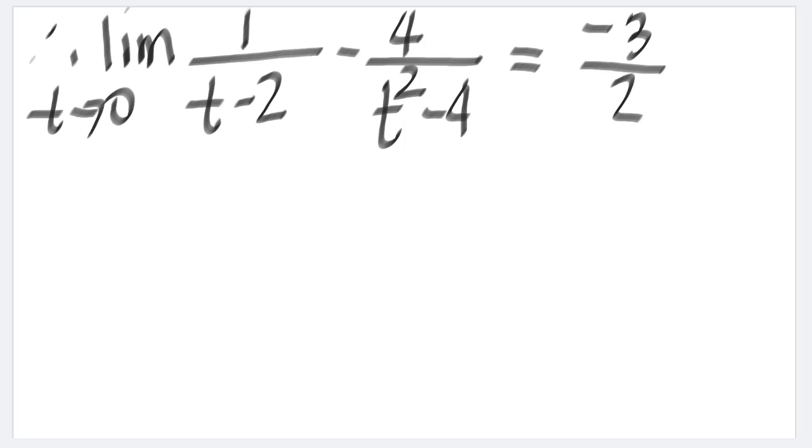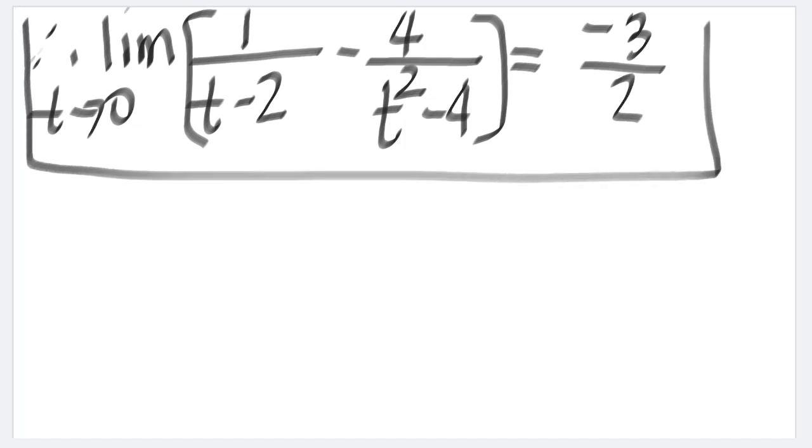Now, this is not new to you, because you get a finite number, negative 3/2, meaning the limit of this function as t approaches 0 has a finite limit, which is negative 3/2.